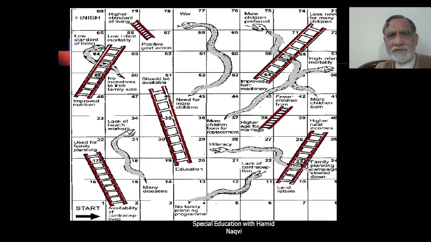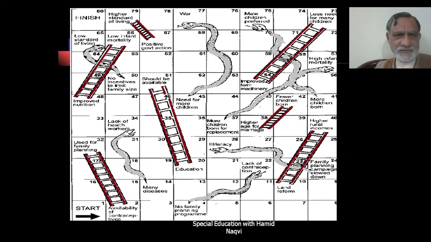And then we have a snake at 65, which is low standard of living. At 75, again we find a snake, that is male children preferred. Then the last snake is at 77, wars, and the finish line is at 80.